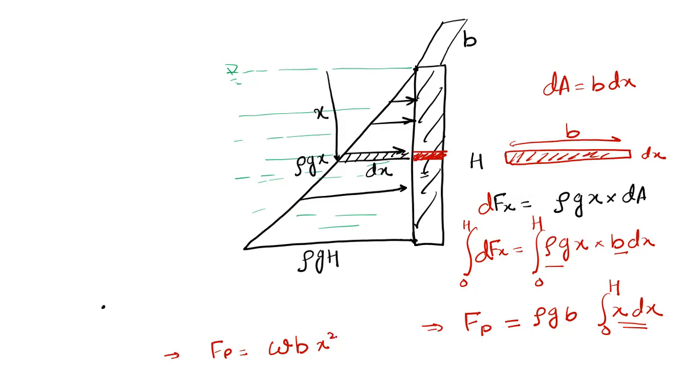X square by 2 from 0 to h, right? This equals WB capital H square by 2, that is nothing but WBH into h by 2, right?